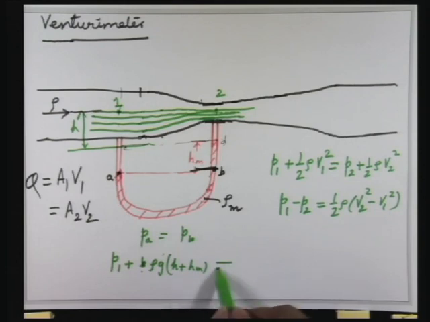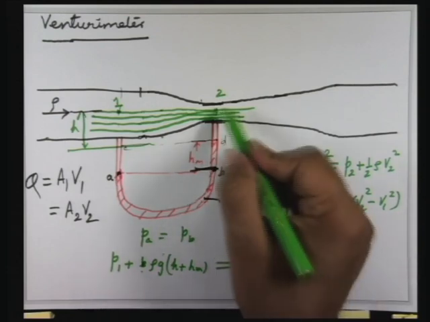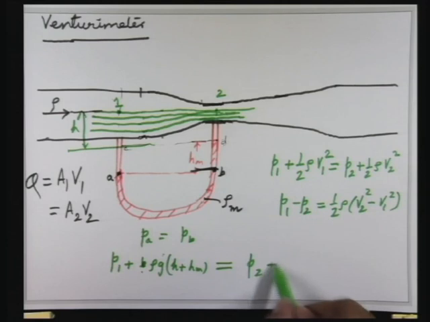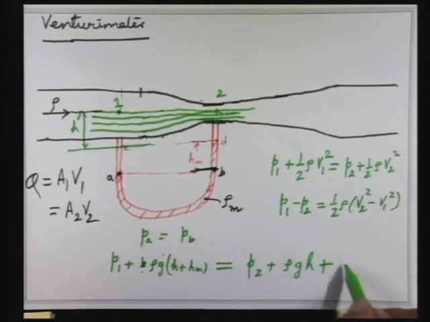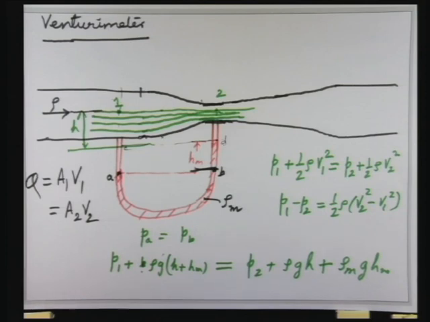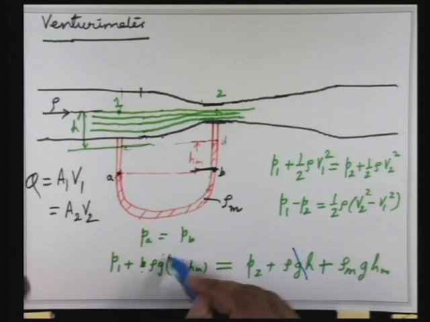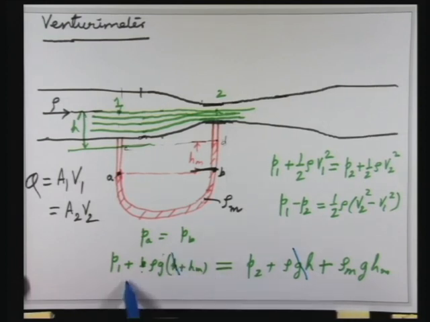And the right hand side is PB, which is P2. Now here there are two fluids, so you have to do it separately. Rho g h plus rho_m g H_M. Now as before, this term, rho g h, will cancel out, and you are getting P1 minus P2.